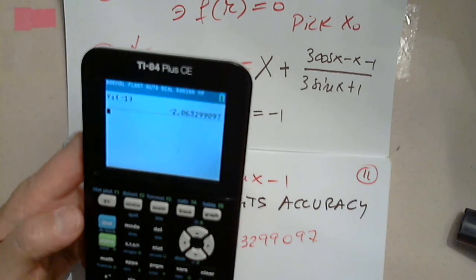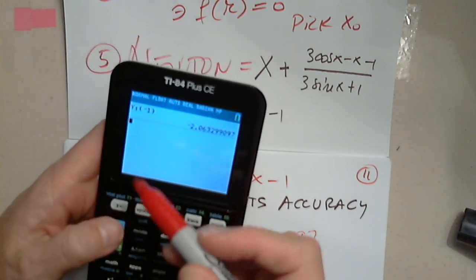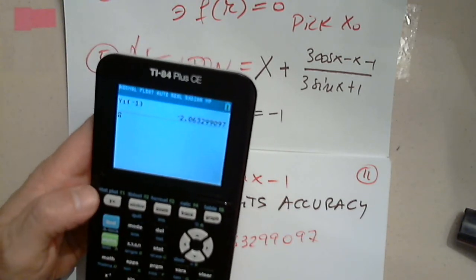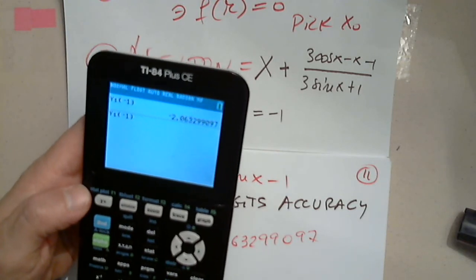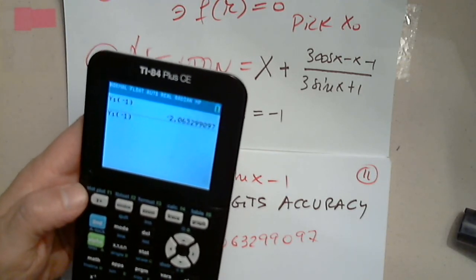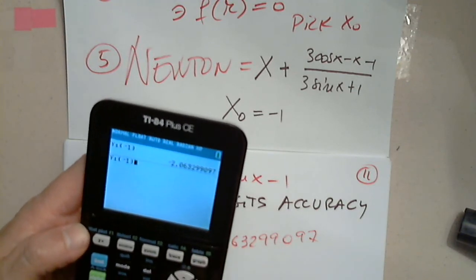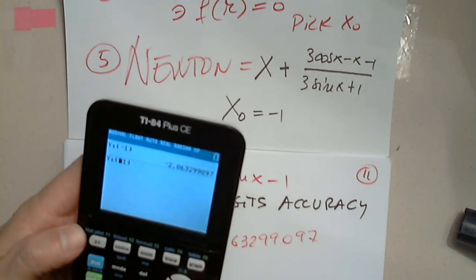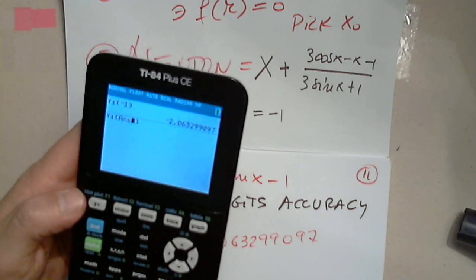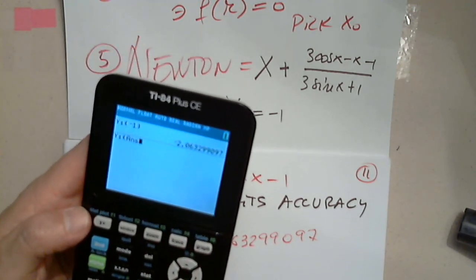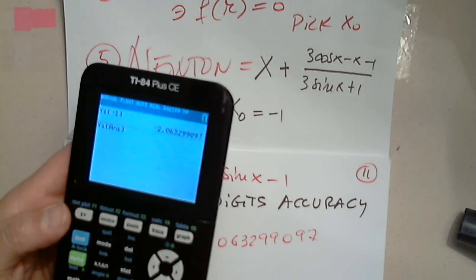Now let's look at the second one. Here is how I do the second one. I copy second and the previous entry, because now in the function I have in the calculator, I want to plug in this number. So override negative 1 by second and the previous answer. And don't forget to delete anything else that is there.